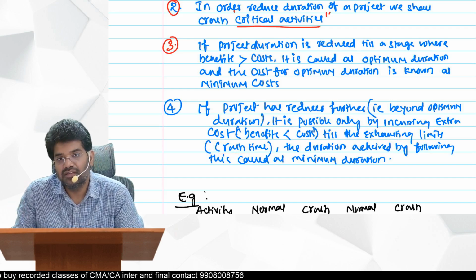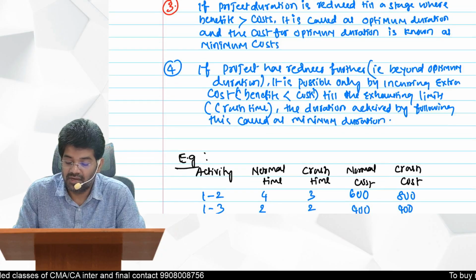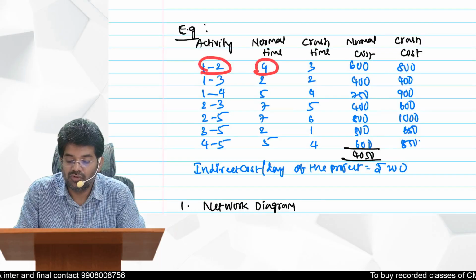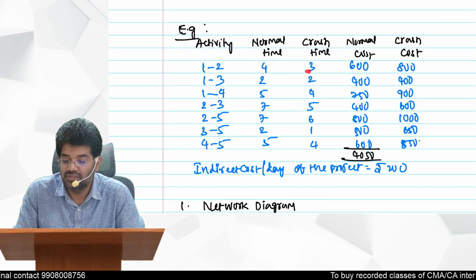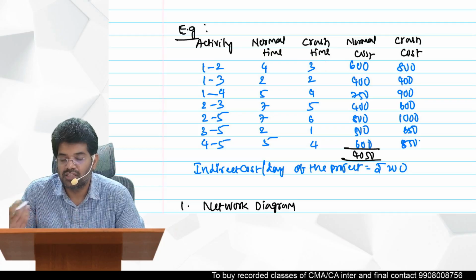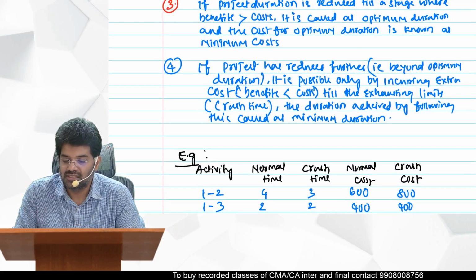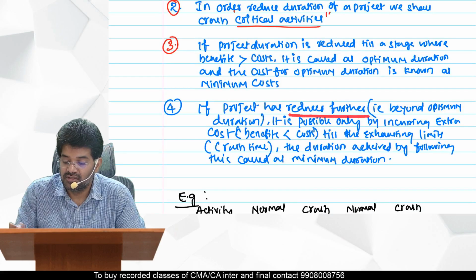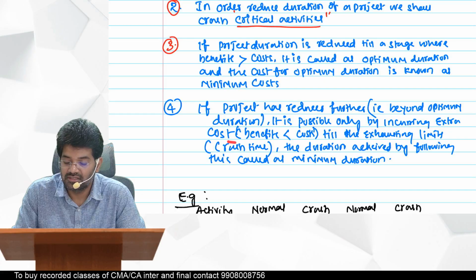For example, if for activity 1 to 2 the normal time is 4, maximum you can reduce this to 3. Till it gets reduced to 3, we can crash, even though cost is more than your savings. So here benefits are less than cost till the exhausting limit, that is the crash time.